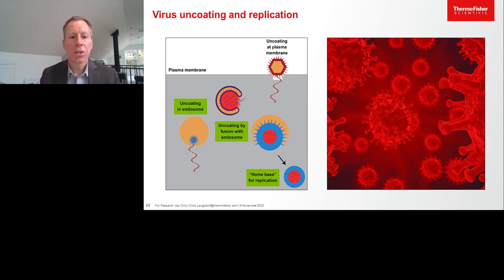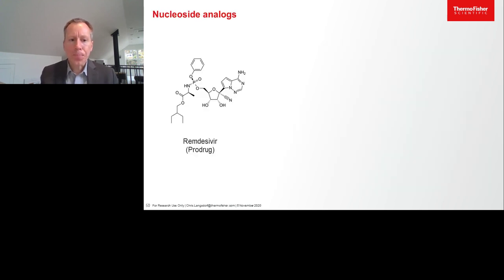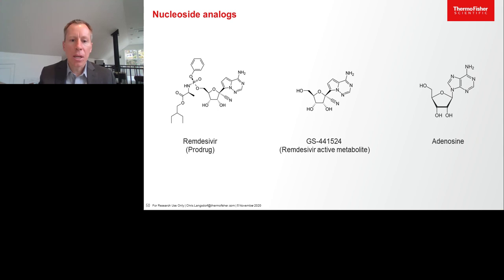So after internalization, we'd like to study the encoding and replication of viruses in host cells. Now, there has been a lot of mention in both the media and in scientific literature this year of a compound called remdesivir that is actually a prodrug. When this is metabolized in humans or in cells, it becomes an active metabolite, as shown here in the middle.